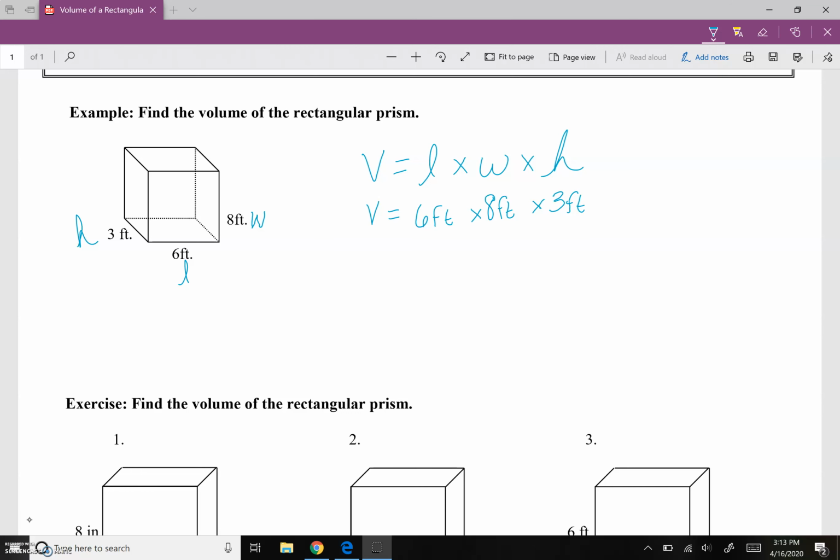Since volume is on both the calculator and non-calculator section of the task exam, you want to make sure you're comfortable doing math in your head or using a sheet of paper. I'm going to take it 2 at a time. 6 times 8, I know, is 48. So I can bring down my 3 feet, and now I can do 6 times 48.